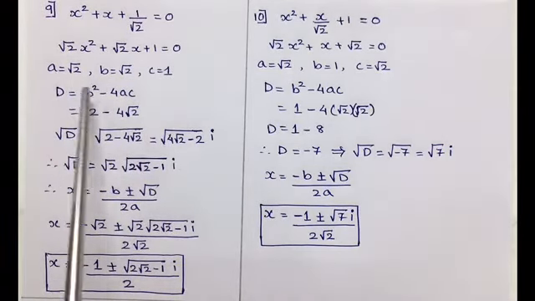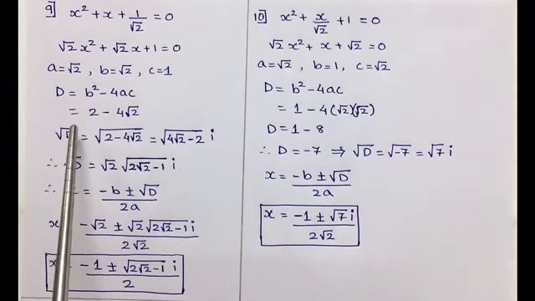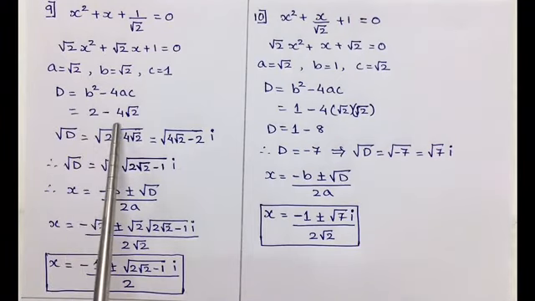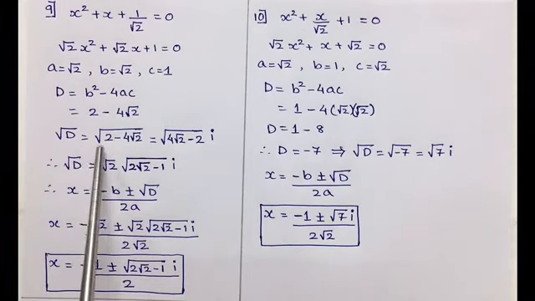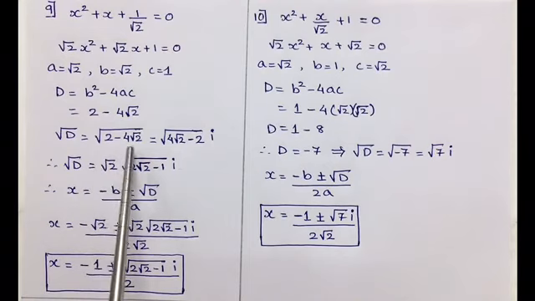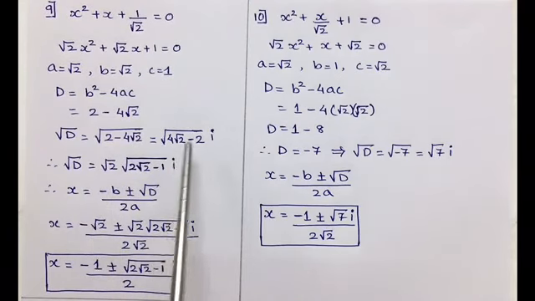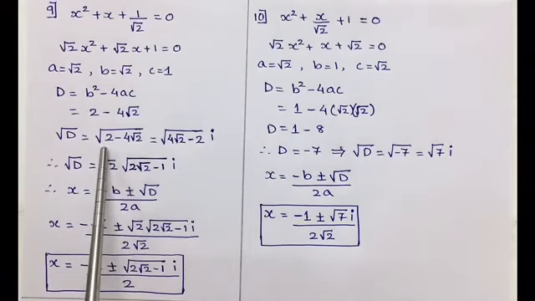Collecting the values of a, b, c, putting in the formula of d, we got the value of d as 2 minus 4 root 2. So root of d is equal to root of 2 minus 4 root 2. If you interchange 4 root 2 and 2, it becomes root of 4 root 2 minus 2, as negative sign comes out.